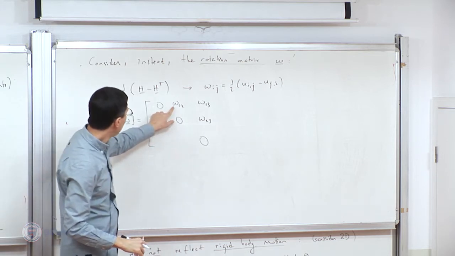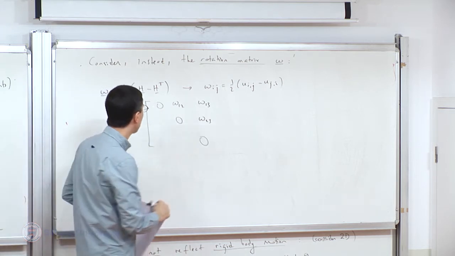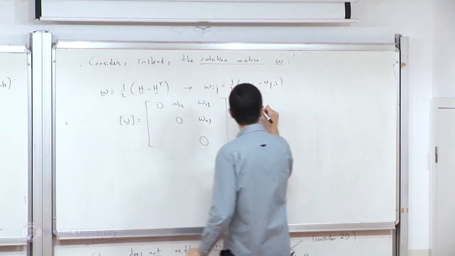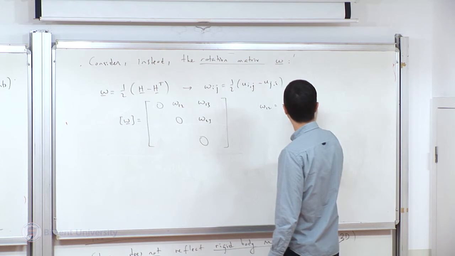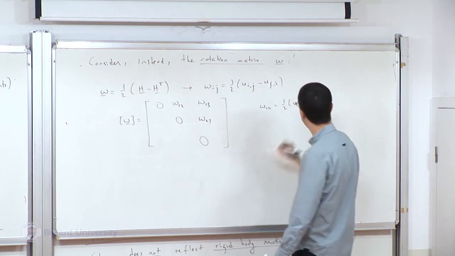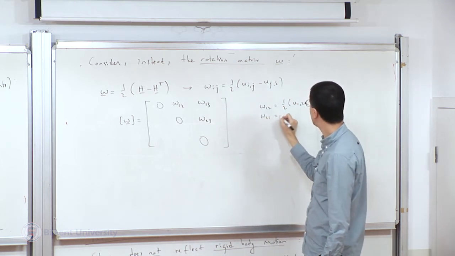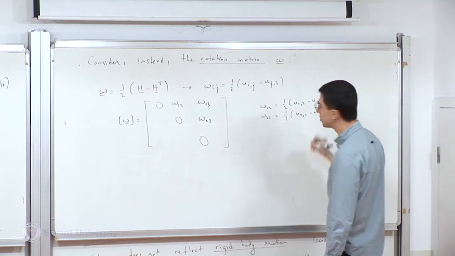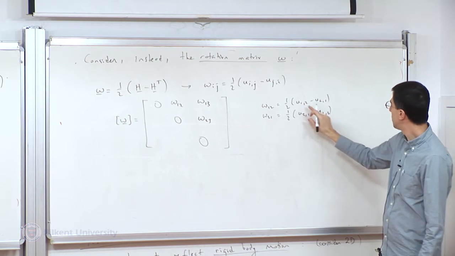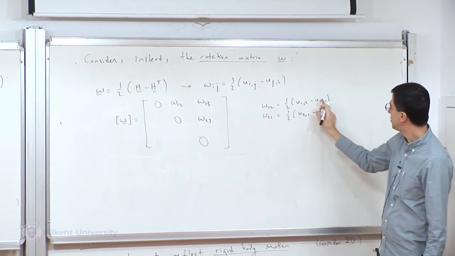Now, let's compare omega 1,2 and 2,1. Omega 1,2 is equal to 1/2 (u_1,2 minus u_2,1), whereas omega 2,1 is equal to 1/2 (u_2,1 minus u_1,2). So essentially, the order of these two quantities has been switched.